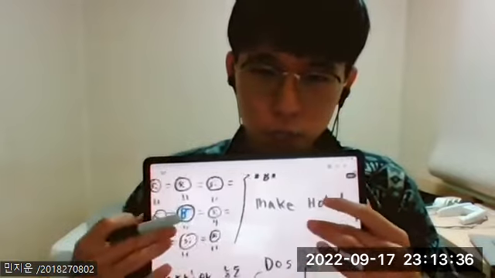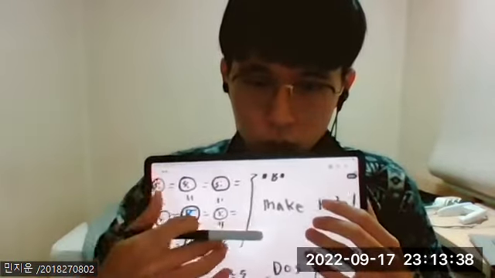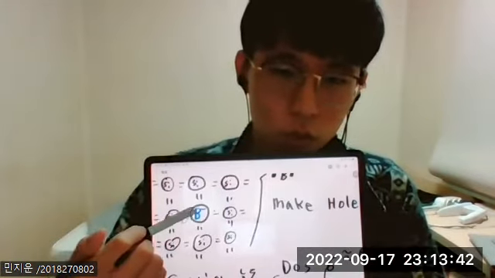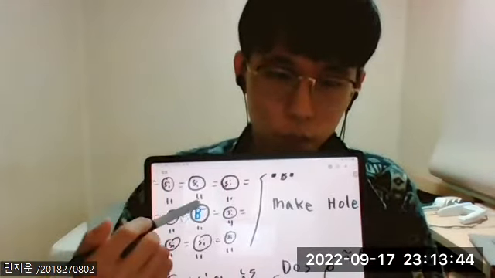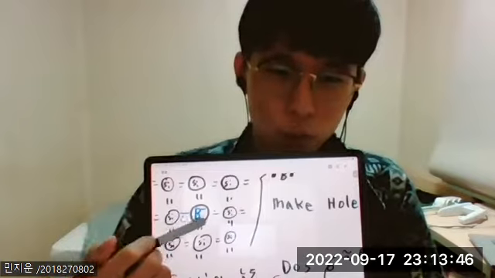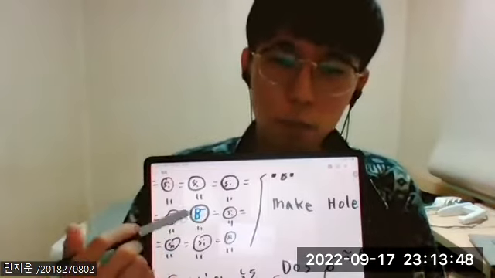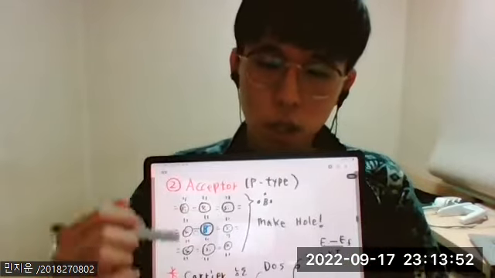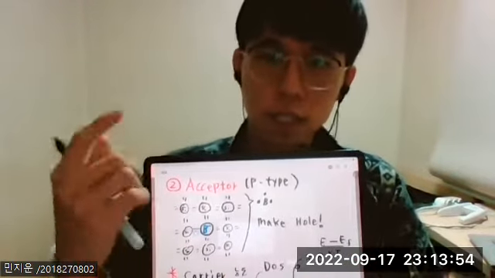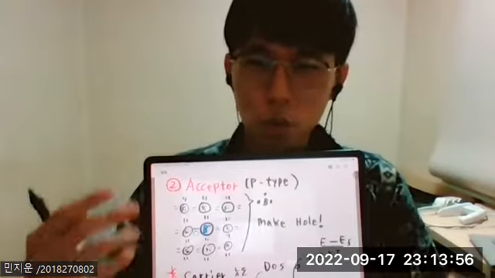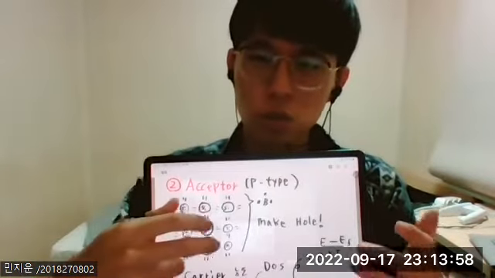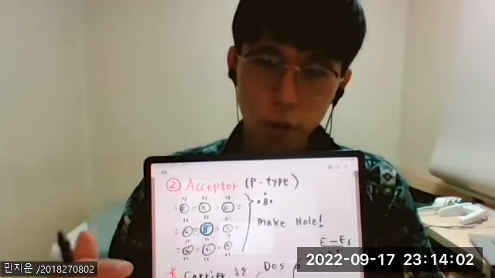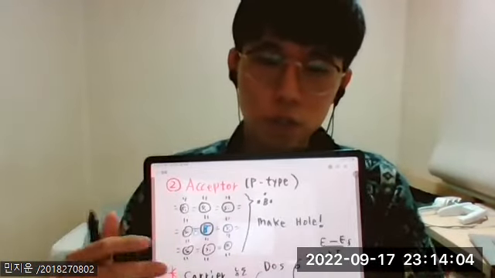If you see this picture, the hole carrier occurs, and the acceptor dopant is ionized negatively, because this dopant has one less electron than silicon. So the hole carrier occurs. Also, the dopant concentration is equal to the hole carrier concentration.